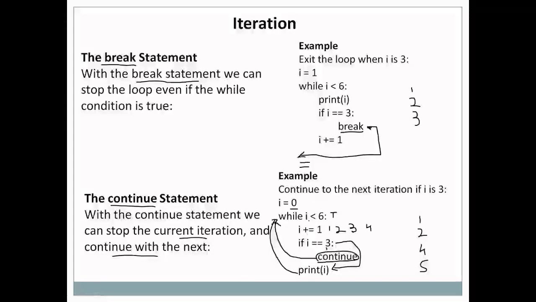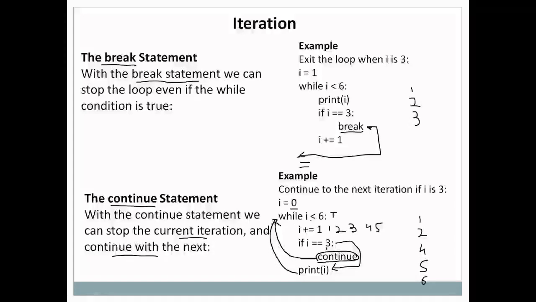And when I will become 6, then it will stop. It may print even the value 6 here. So I was 4. It was printing 4. When I will become 5, here it will print 5. It goes back.